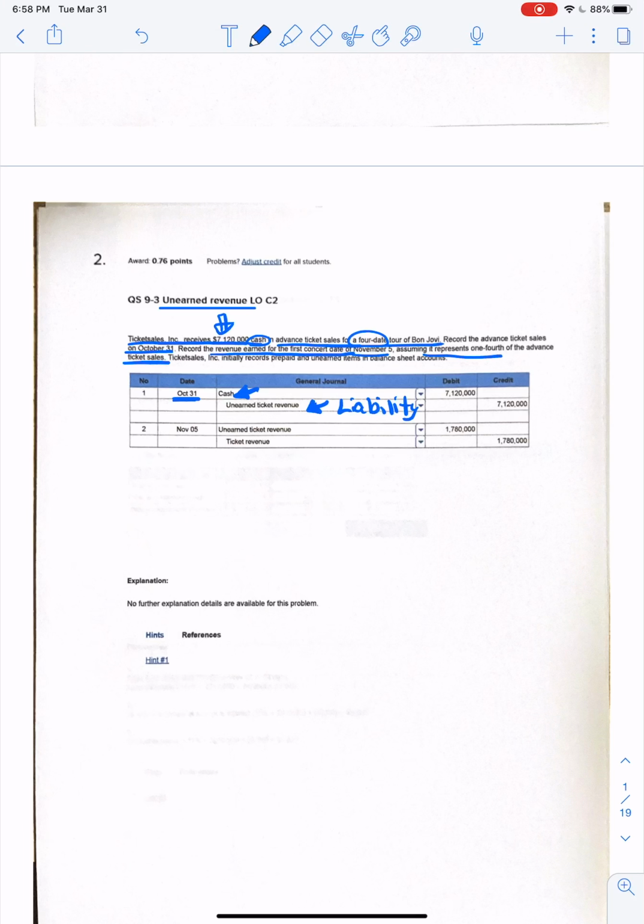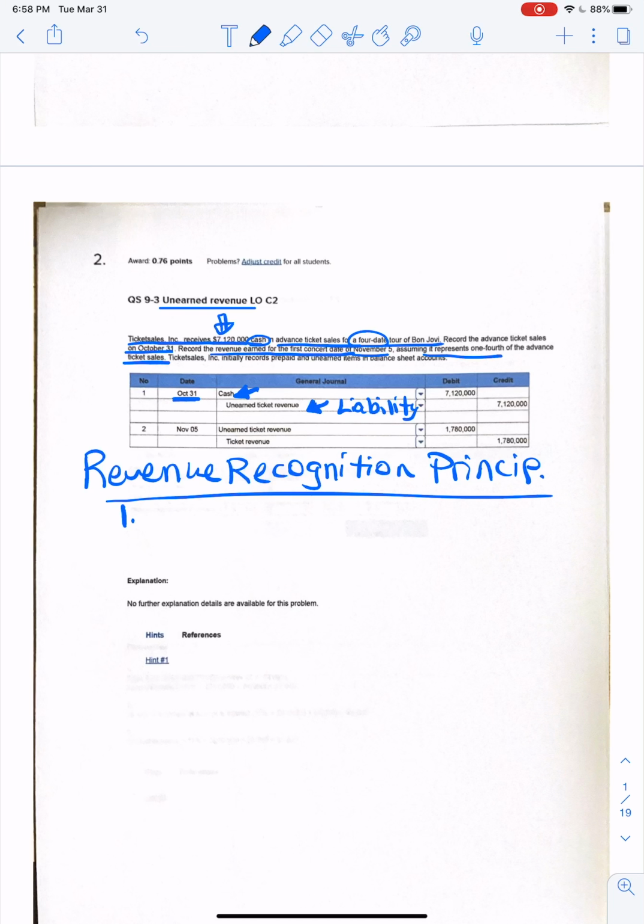We've created a liability. And this comes about because of what we called at the beginning of the semester the revenue recognition principle. And with the revenue recognition principle, what we said is that there were 2 main pieces.